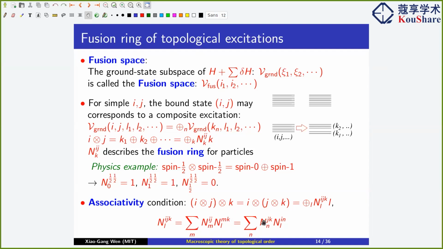Okay. Maybe this is the main thing: the theory for quasiparticles is a little more complicated, and has this kind of fusion ring, fusion structure. And this is a fusion ring, not a fusion category.